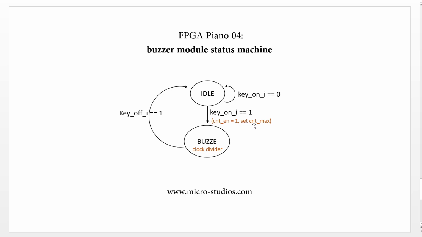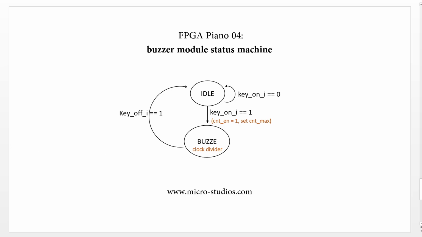And we will set the count maximum value according to the different key. This value makes the clock divider generate different frequency waves.